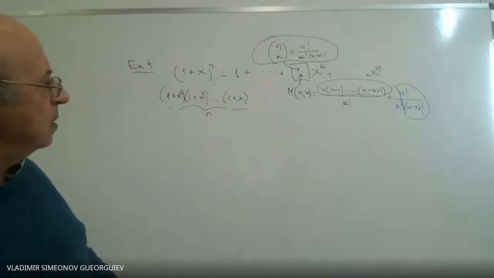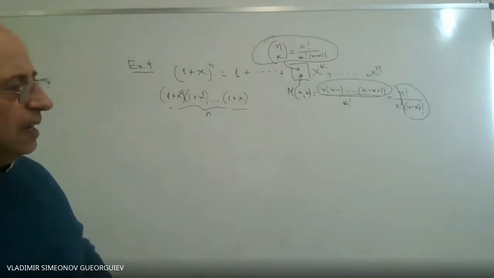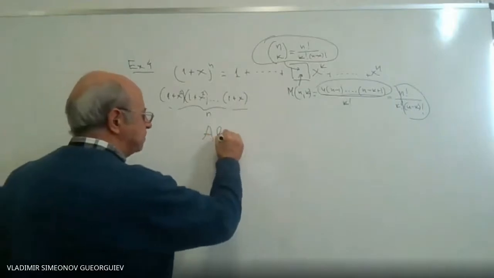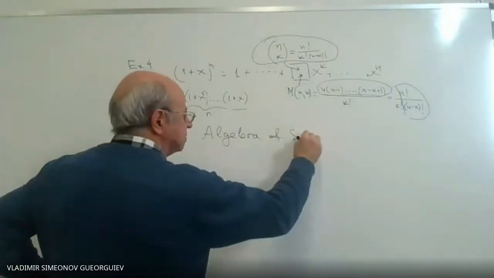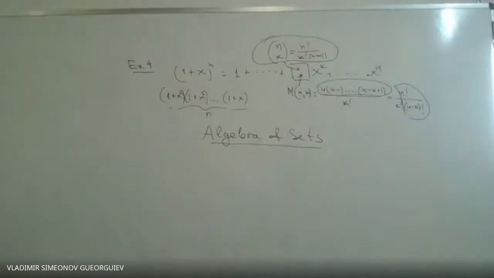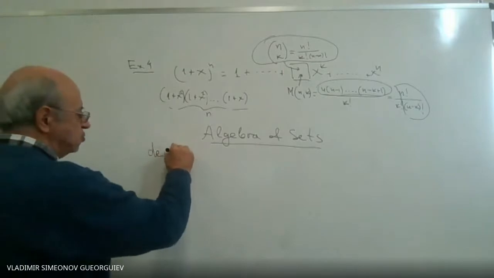Okay, now we are going to the next step to understand a little bit the algebra of sets. Because we said that it is important to make union and intersection in our algebra. And in this sense, it is important, for example, to know the formulas due to De Morgan.